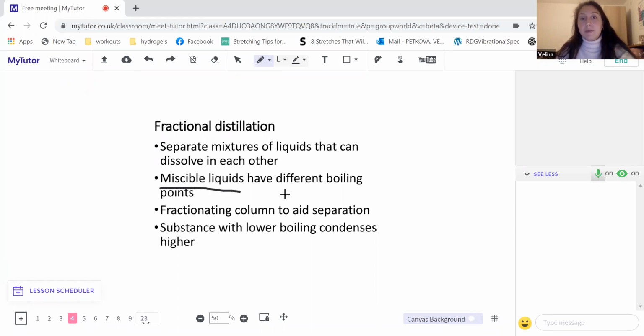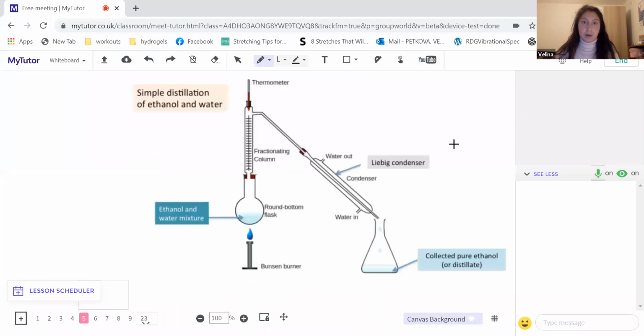So they have similar, but they are still different. A fractionating column helps with this separation, and the way it works is that substances with lower boiling points condense at higher points in this fractionating column, which we're going to see now here.